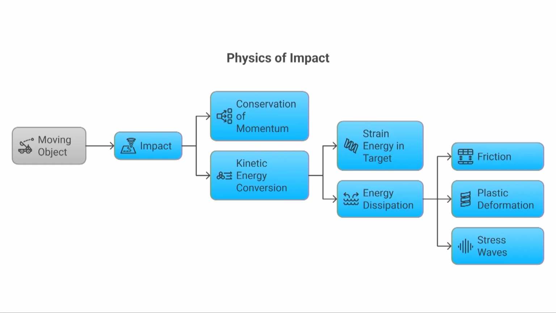Both bodies can be moving, or at least one body should be moving. We applied the principle of conservation of momentum and the principle of energy conversion. We estimated the strain energy in the target, and we also tried to estimate the energy dissipation. These two things we can call the key things. From there we can estimate the friction, the plastic deformation that is occurring in the body, and we can also see how much the stress wave transfer is. So this is overall what we will try to implement.